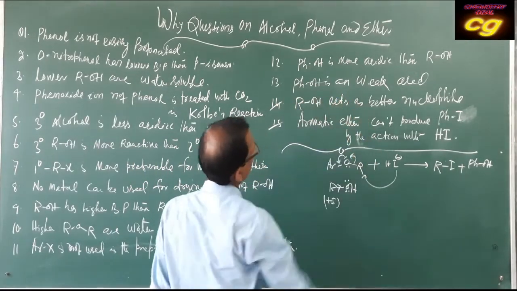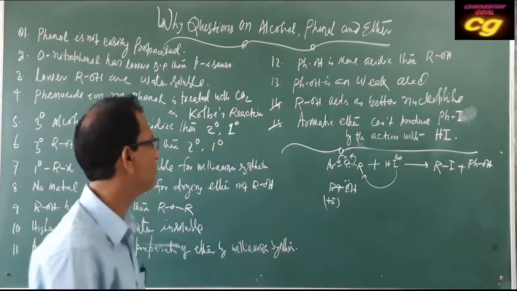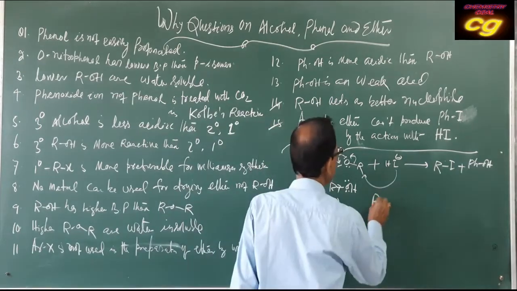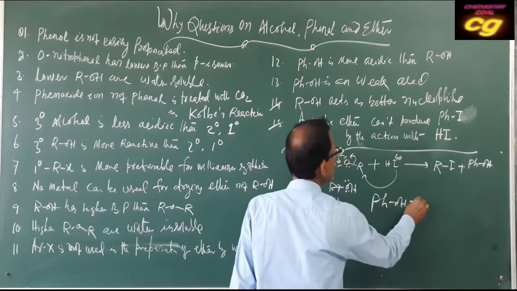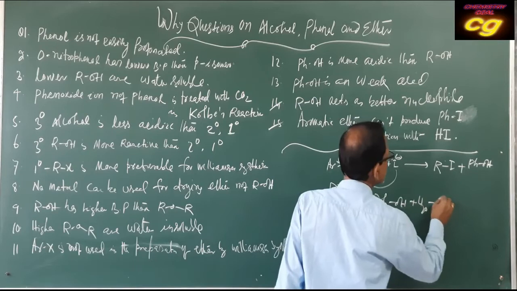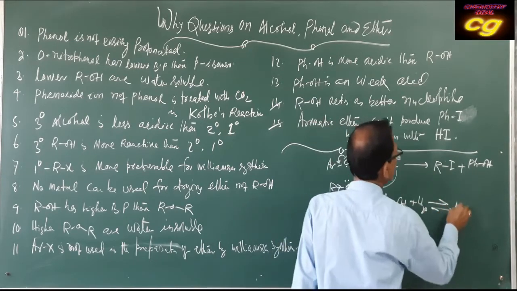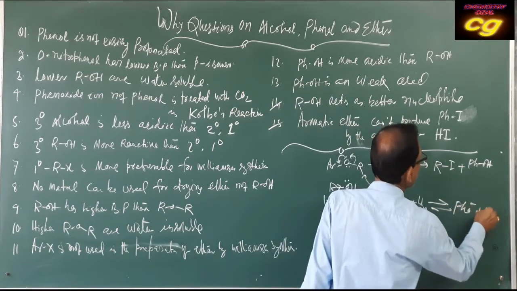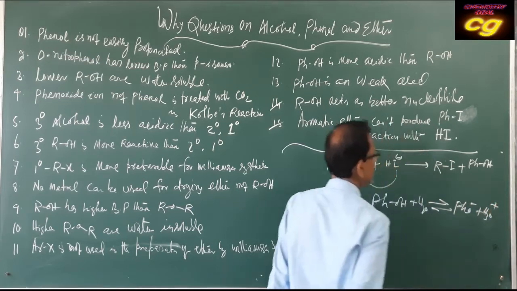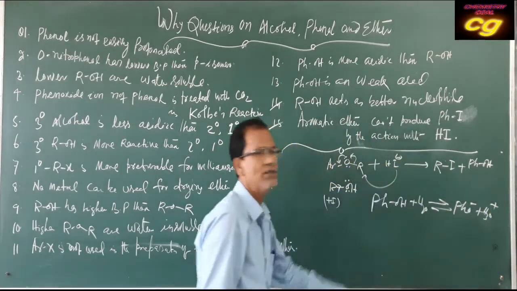Question 13. Phenol is a weak acid. Why is phenol a weak acid? Because in the presence of water, phenol produces an equilibrium between phenolate ion and hydronium ion. But this process is reversible.